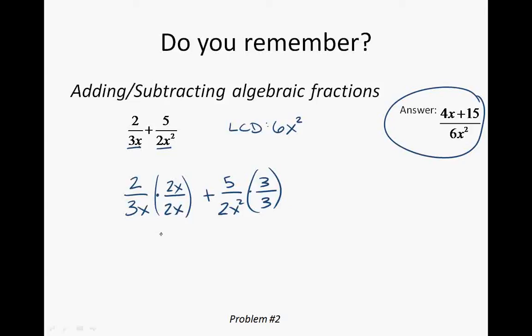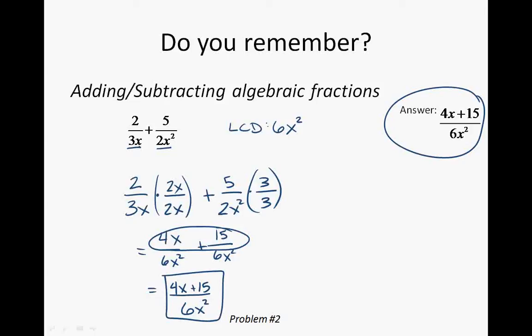So we'll have 4x over 6x squared plus 15 over 6x squared. And when I combine those, all of this is going to be over 6x squared. And then the numerators, that 4x plus 15, those aren't like terms, so I'll just write the numerator as 4x plus 15.